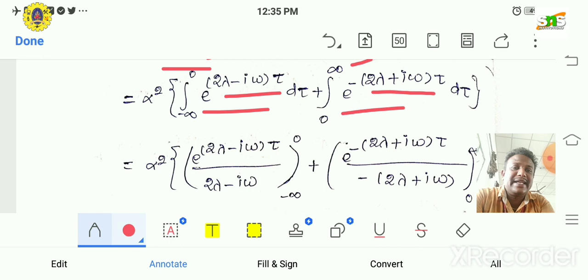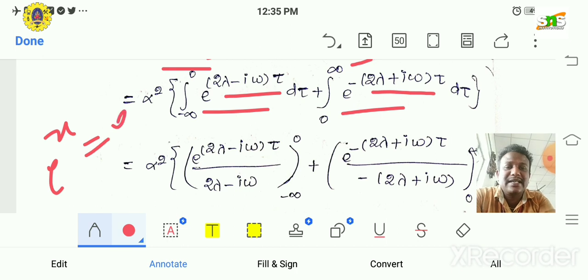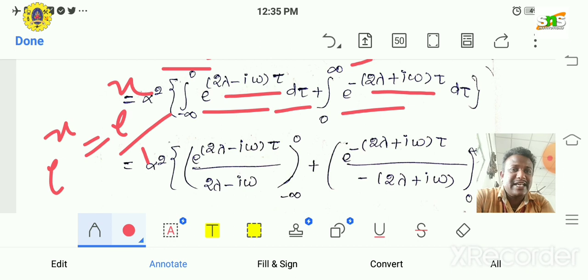So I am going to integrate. If we integrate e power x, the answer is e power x divided by the coefficient of x, which is 1. So I integrate the given part with respect to tau. After integrating, it is e power x, and we write the coefficient of tau in the denominator.